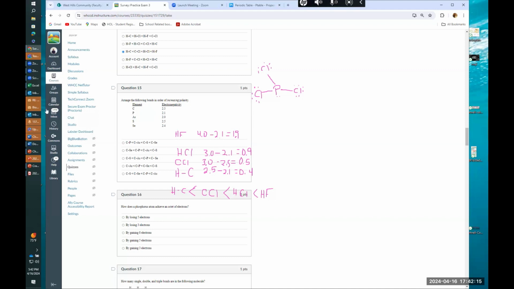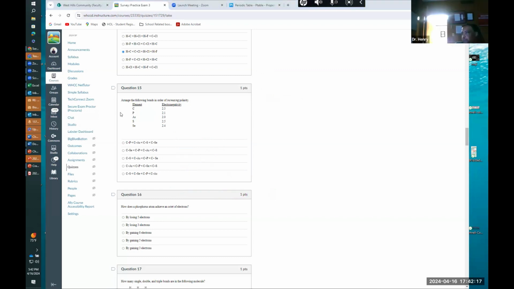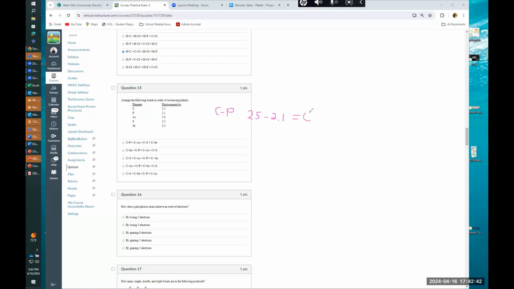So we have to do the same thing. C equals 2.5, so 2.5 minus 2.1 is 0.4.